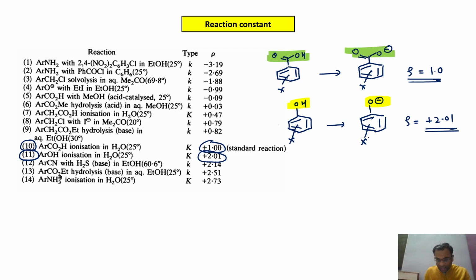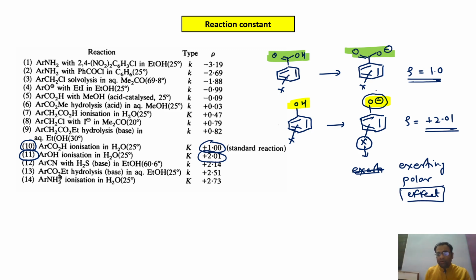So here the X group is exerting more polar effect in stabilizing this negative charge, while in the first case X has comparatively less stabilizing effect or less destabilizing effect for this conjugate anion.